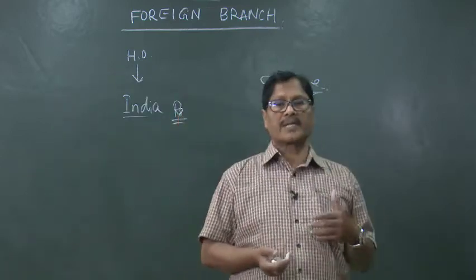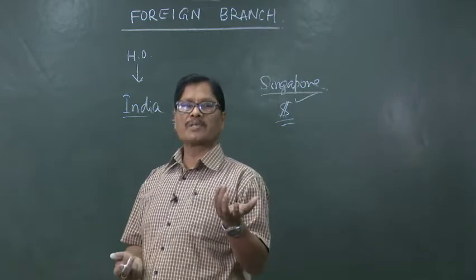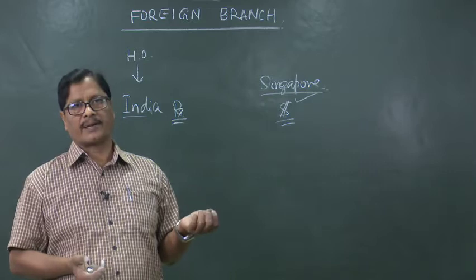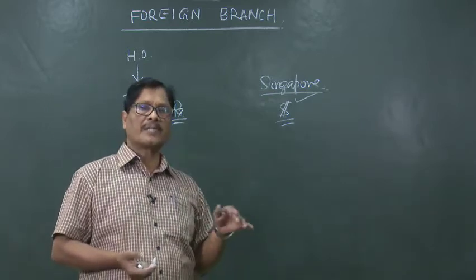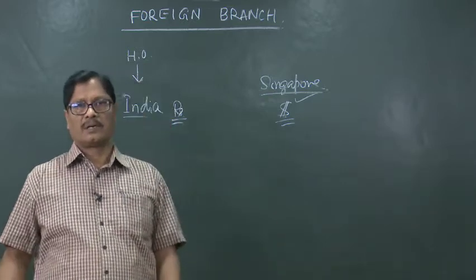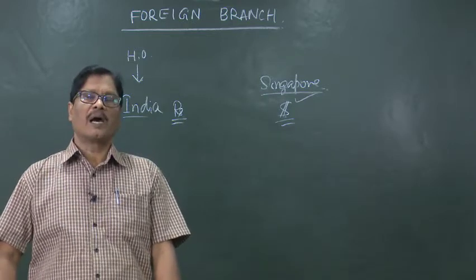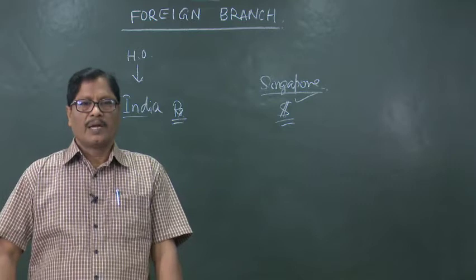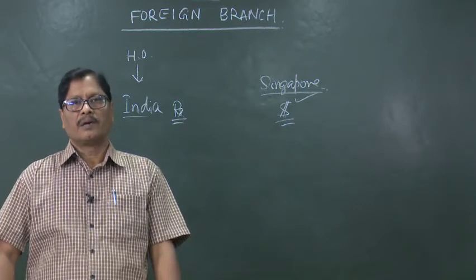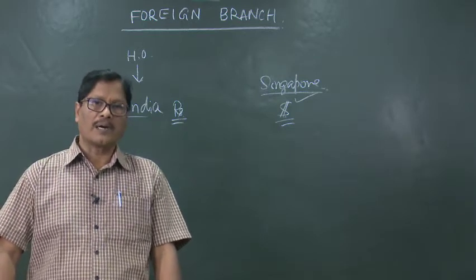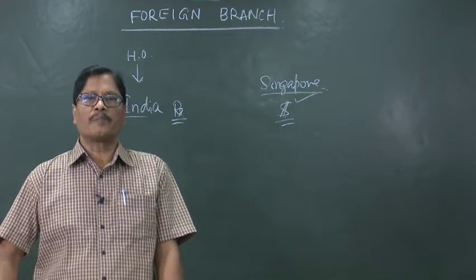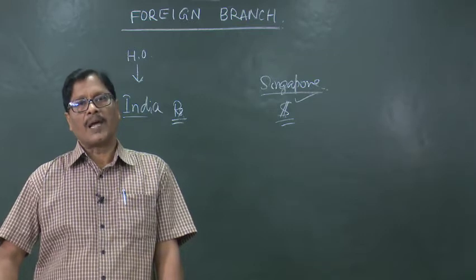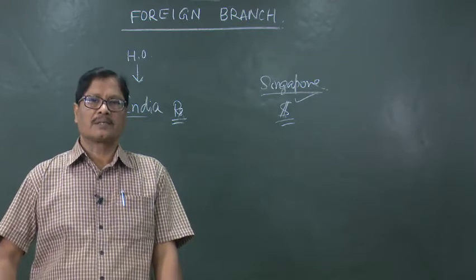In 1 year several times the exchange rate must have fluctuated. In the opening date, whatever was the rate of exchange might not be the same at the end of the year, or during the year also it might have changed several times. Therefore, it is our first duty to convert all the items appearing in the branch trial balance to Indian rupees by applying appropriate exchange rates.